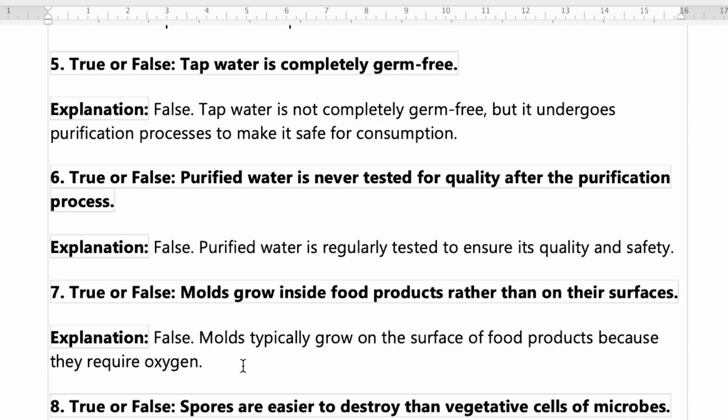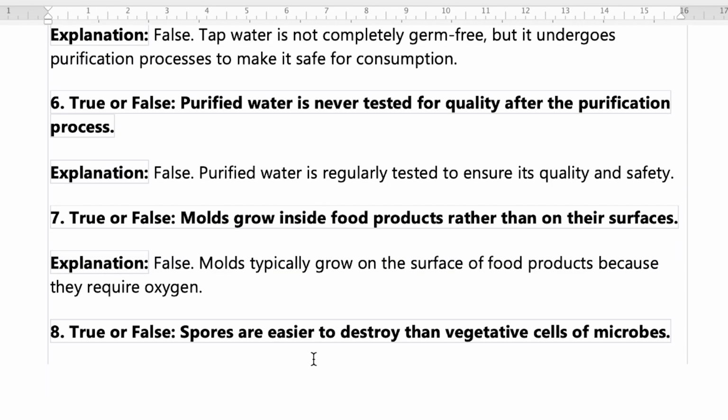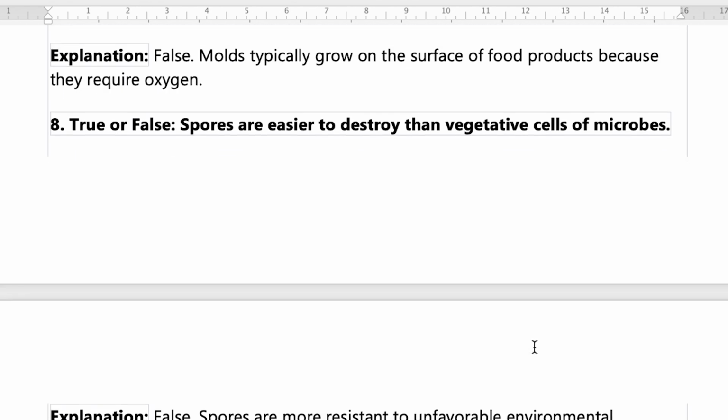So they start to attack from the outside before going inside, because outside has oxygen and most of the microbes need oxygen. Mold, I mean.